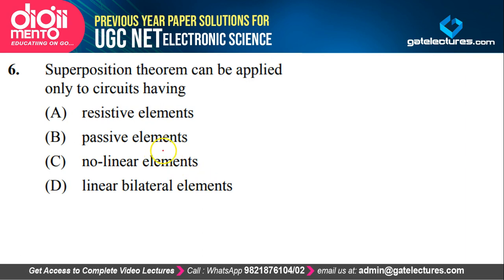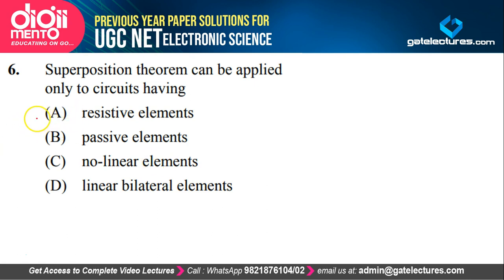They are asking, superposition theorem can be applied only to circuits having. When you have learned about superposition theorem, you must have seen that if there are any passive or non-linear or linear bilateral elements present in the circuit, the superposition theorem cannot be applied. Only if you are having independent current or voltage sources and resistive elements, only then we can apply superposition theorem, right?